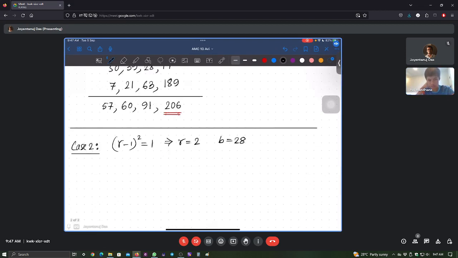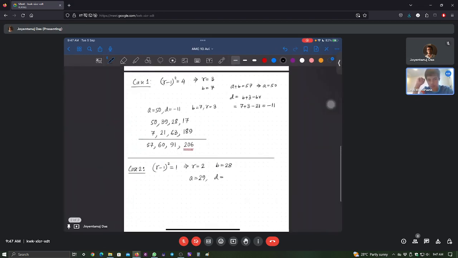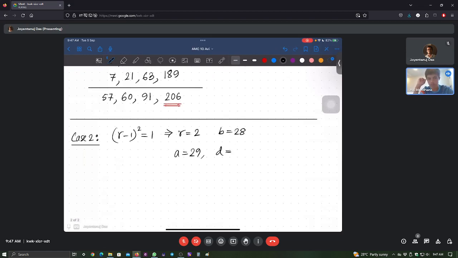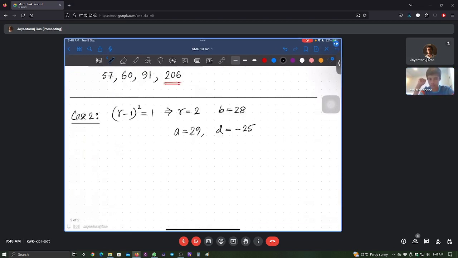What will a be then? a will be 29. And d is b plus 3 minus br, so 31 minus 56, which is negative 25.